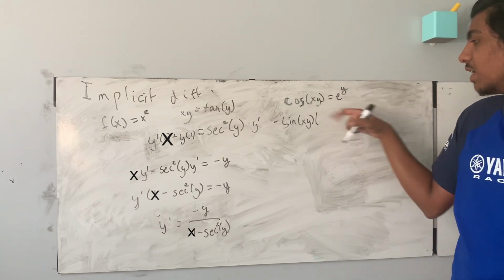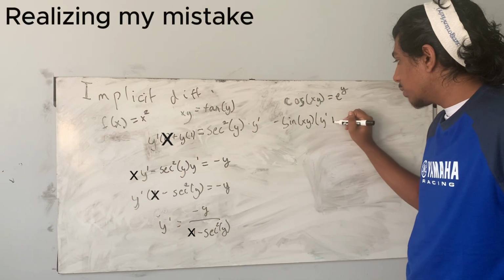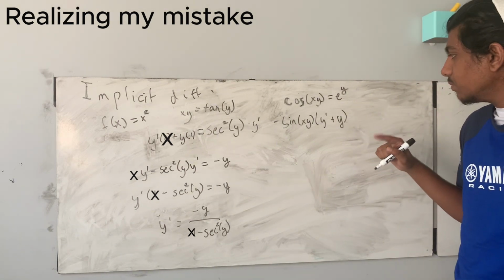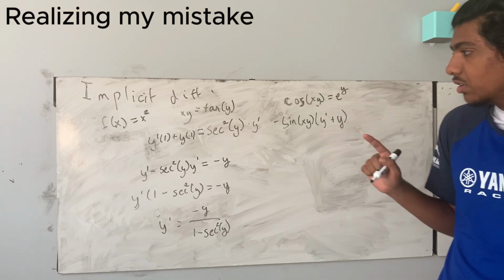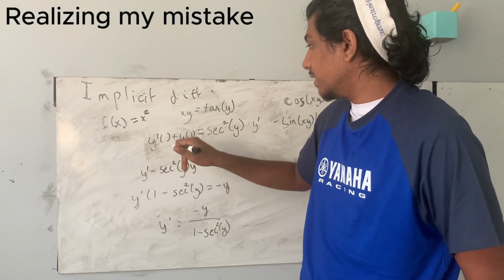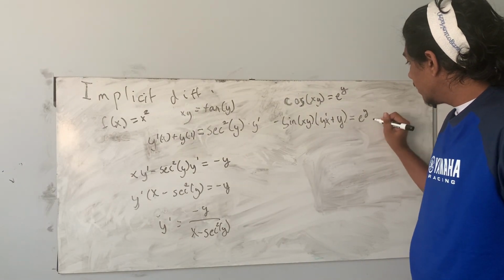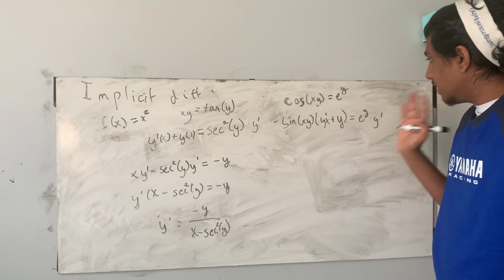Then we multiply by the derivative of xy, which we just got. It's x y prime plus y. That equals e to the y times y prime. Same thing, right? We're always bringing down that chaperone.